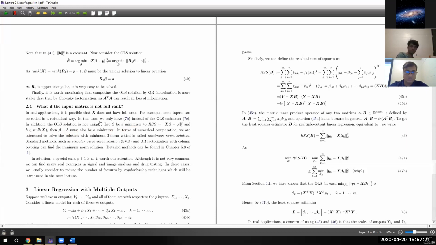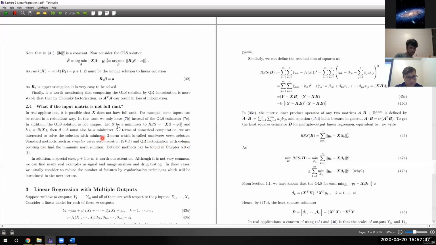Usually what we want to get is the solution with the minimum 2 norm, which is called the minimum norm solution. And we can use some standard methods numerically, for example singular value decomposition, or still use QR factorization, but we need the column pivoting technique.